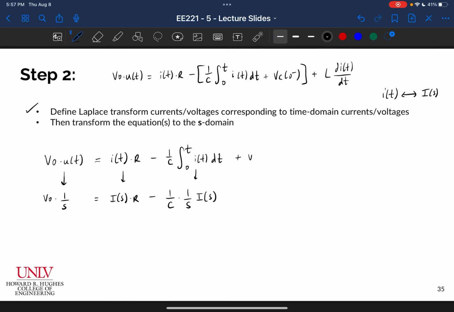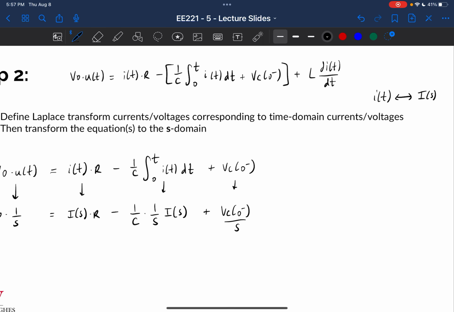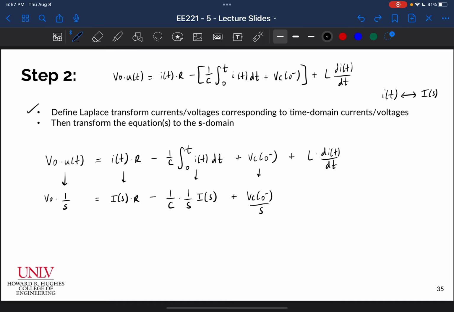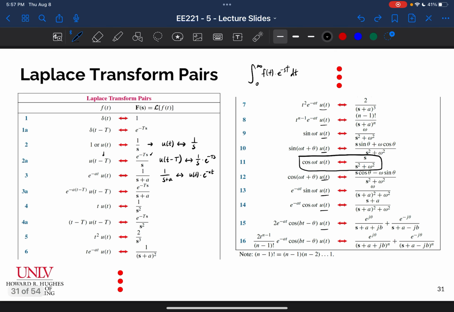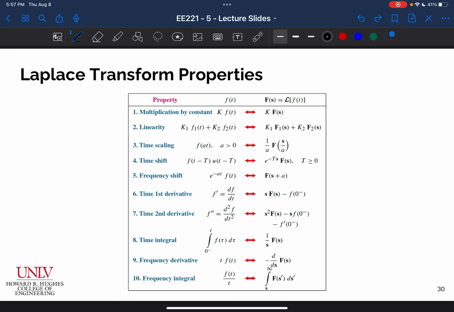Next, we have the constant, which is the initial condition Vc of 0 minus. That's going to be a constant term, which just needs to be divided by s. So we could say Vc of 0 minus divided by s. And then the last expression here is the derivative term, which is L di of t over dt. Of course, we have a constant out here, but let's go look at our time differentiation property. Our time differentiation property is right here.